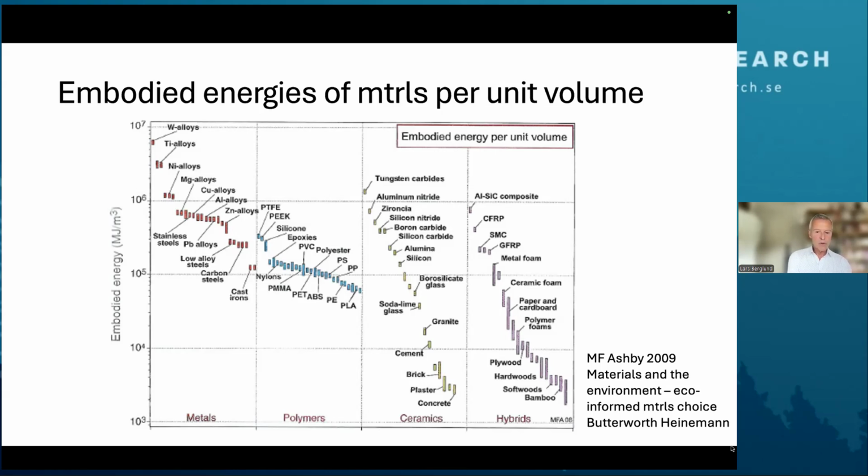If we then move over to the far right, the hybrids, you can see that carbon fiber composite, glass fiber composites, they're up here, something like 130 megajoule per cubic meter. And then paper and cardboard are much lower. The lowest one are plywood, and then we go to the bottom right corner, we see hardwoods and softwoods. So that's essentially what it looks like.